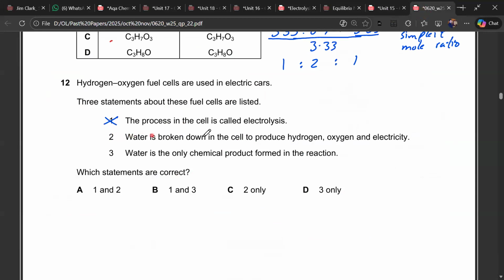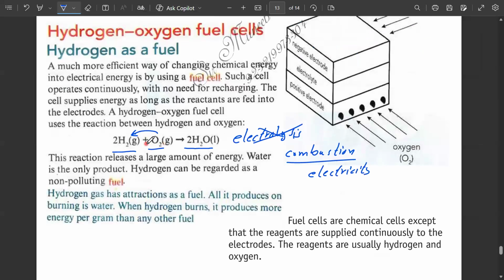Then option B says water is broken down in the cell to produce hydrogen, oxygen, and electricity. So if we again look at the literature of the hydrogen oxygen fuel cell, we do not see the breaking down of water to make hydrogen and oxygen. Rather, it's the opposite.